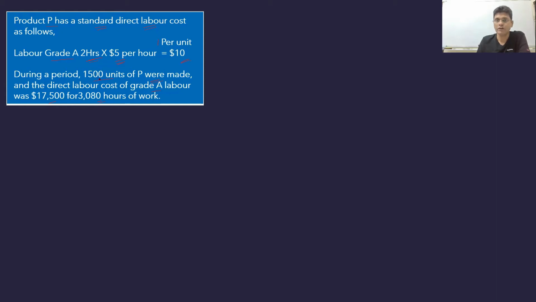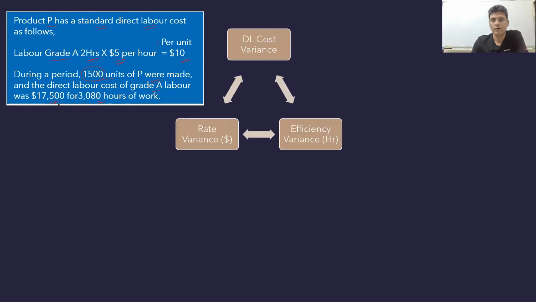To produce 1,500 units, how much labor was used? 3,080 grade A labor hours were used. At which cost? 17,500.